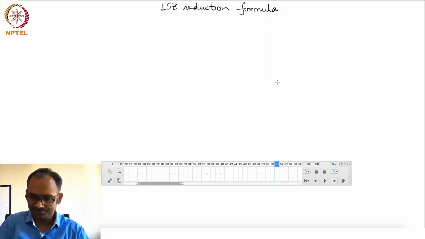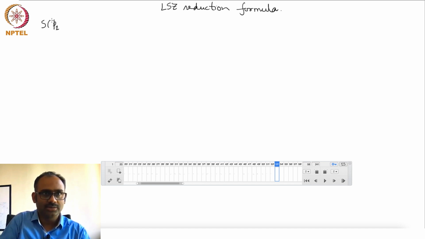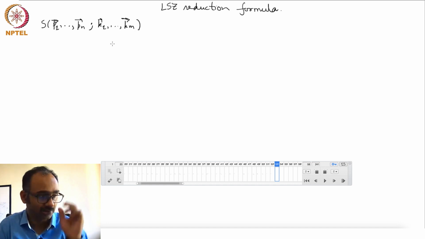the S matrix element, which we write as S of P 1 to P n and K 1 to K m. So, in general m and n will be different.